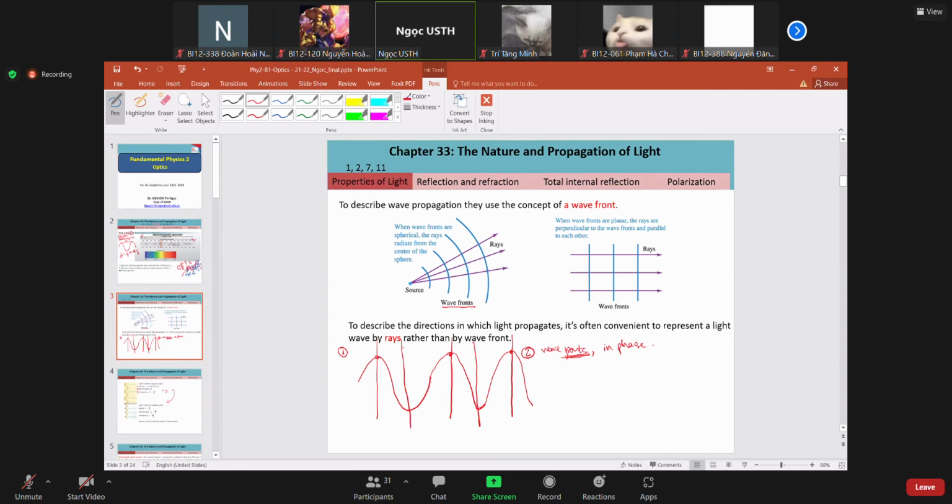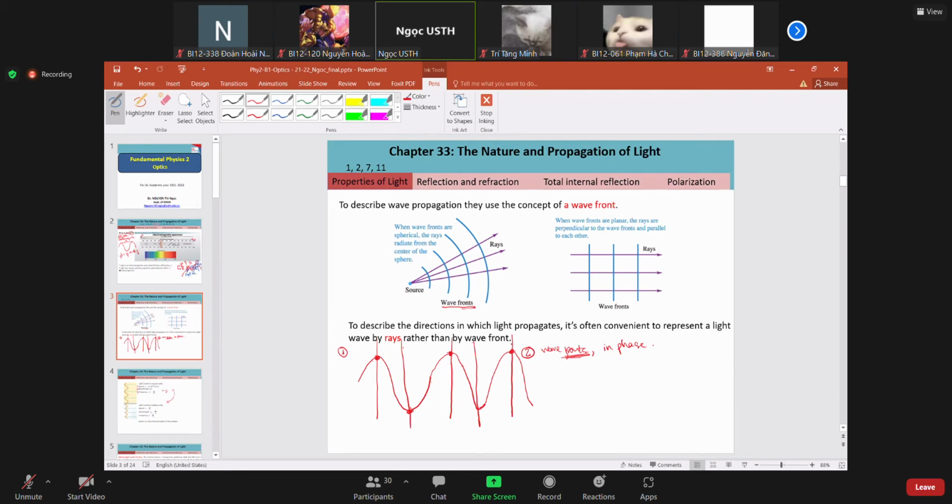So normally we choose this one, which is easier for you to describe. Keep in mind that a wavefront is a surface where all the points on this surface are in phase.